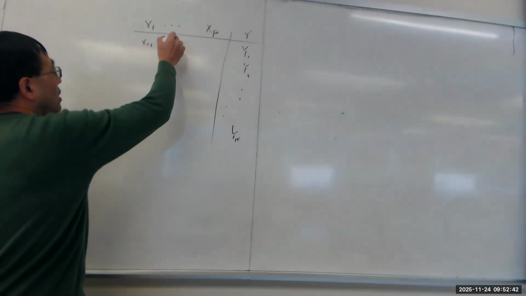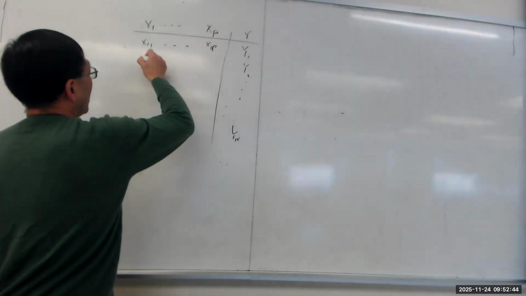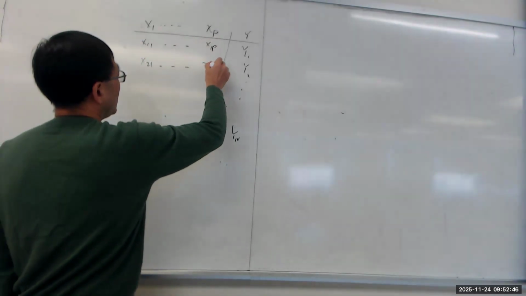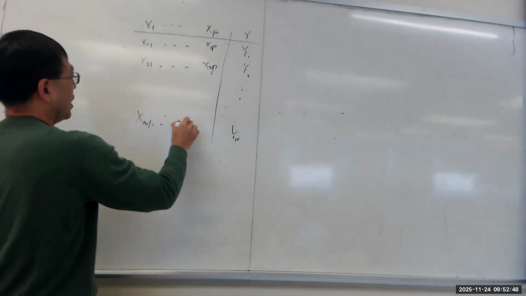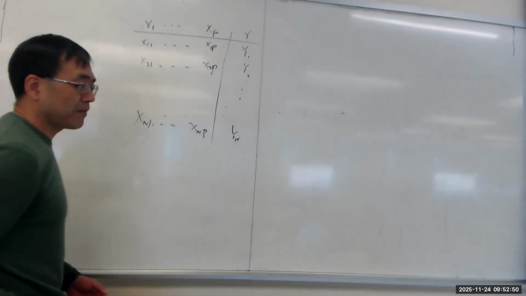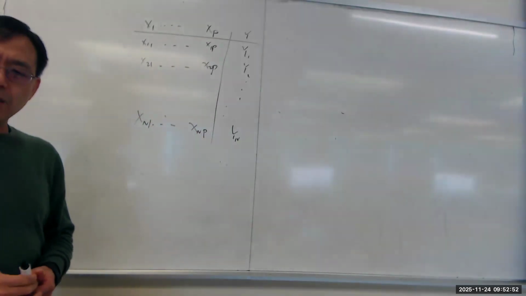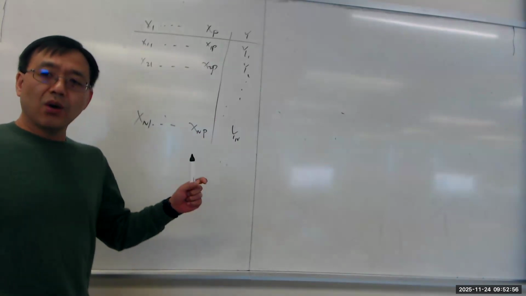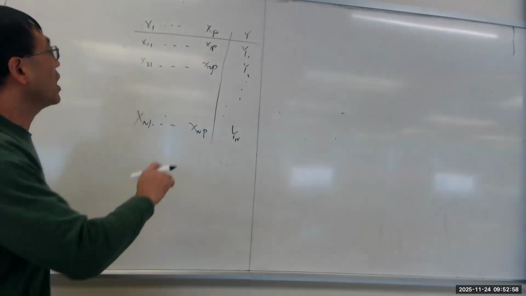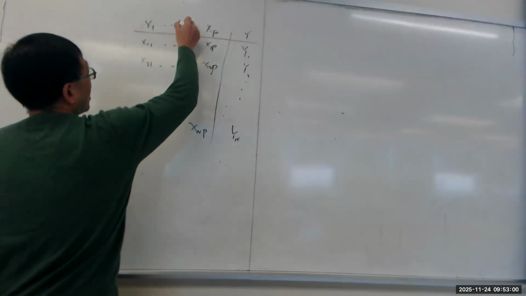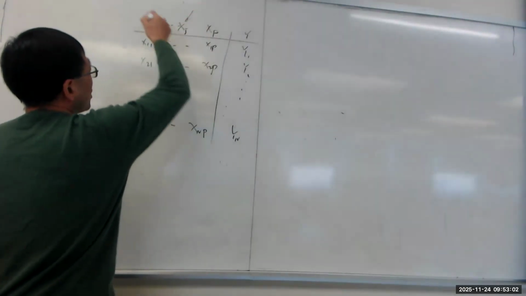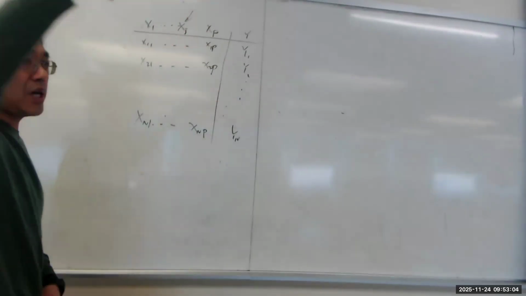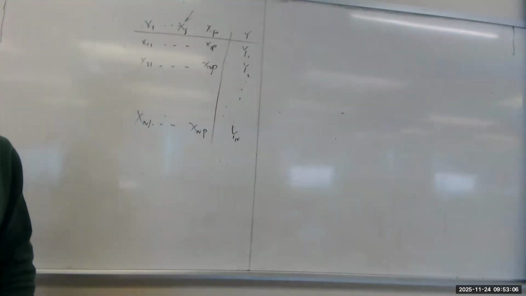Then you have x11 up to x1p, x21 up to x2p, xn1 up to xnp, right? So this is your data. What this is basically saying is you're going to scan through all the variables. Say you're choosing the variable xj; you scan for each xj.